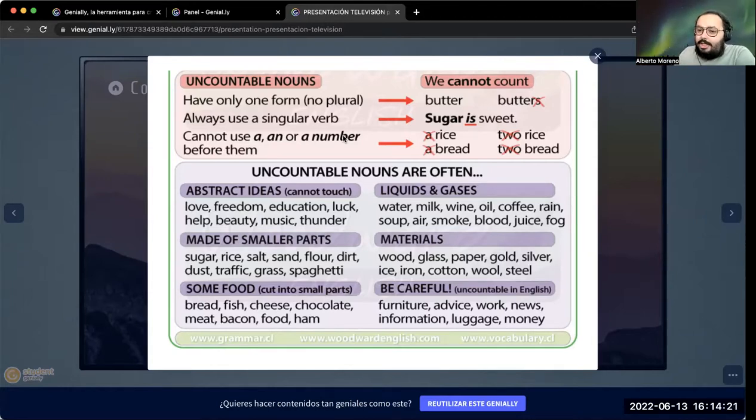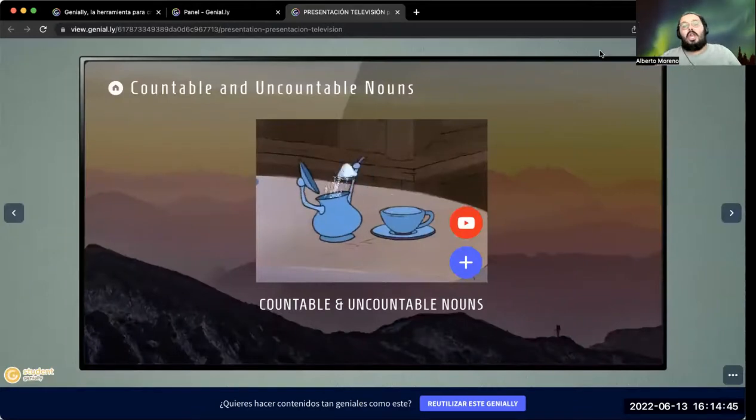Por ejemplo, furniture, que son muebles de decoración. Advice, que es consejo. Work, trabajo. News, noticias. Información. Luggage, maletas. Y money, dinero. ¿Okay? Para que lo tengan en cuenta. En inglés no se cuentan, en español sí. Y bueno, sería todo con respecto a los sustantivos no contables.